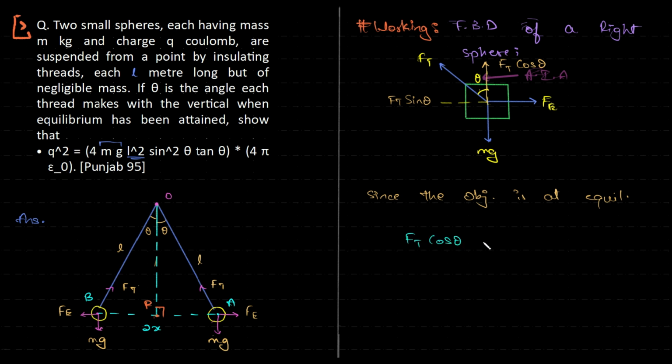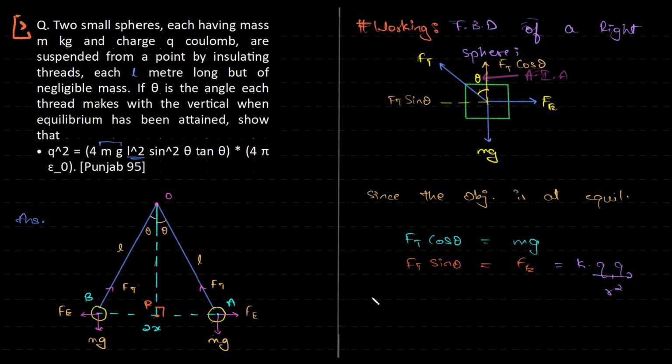Ft cos theta equals the weight of the object, and Ft sin theta equals the force exerted on the sphere because of the other sphere, and that's equal to k times q1 q2 by the distance square.